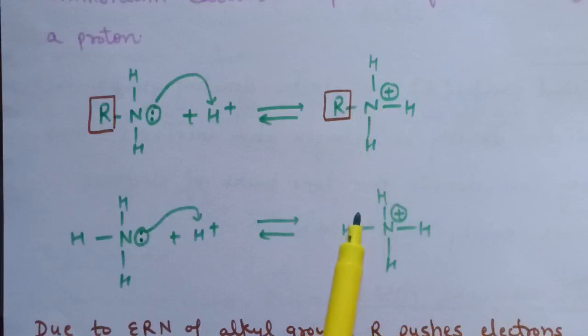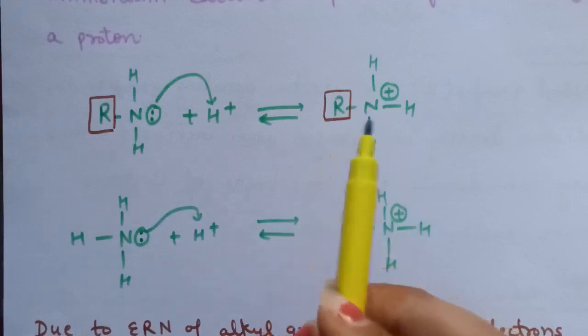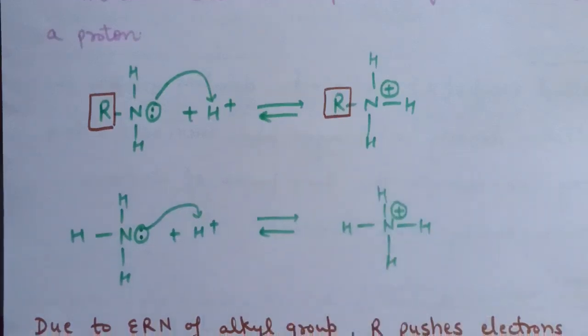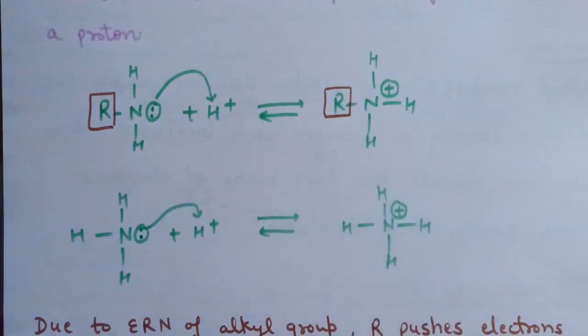However, in case of ammonium, there is no R group. Therefore, this ammonium cation is not stabilized as in case of aliphatic amines. So from here, we can say that aliphatic amines are stronger bases than ammonia.